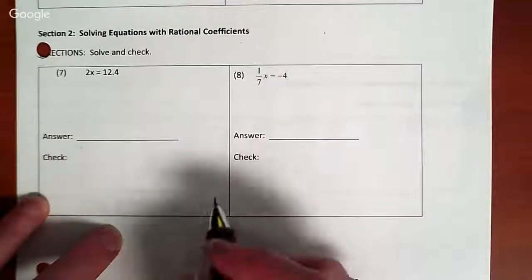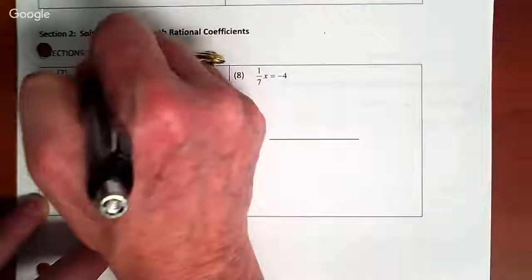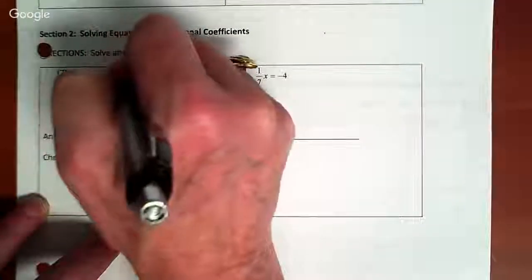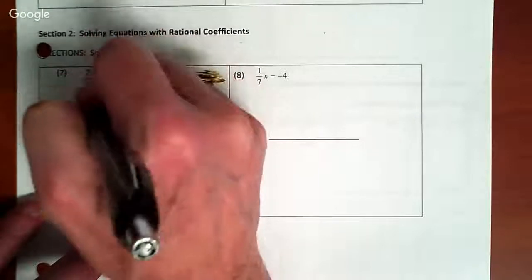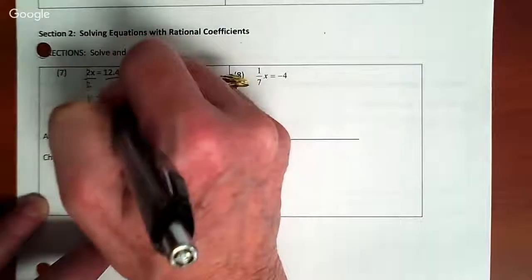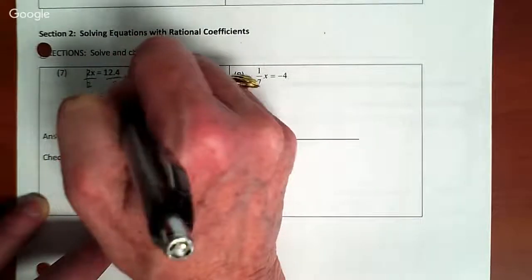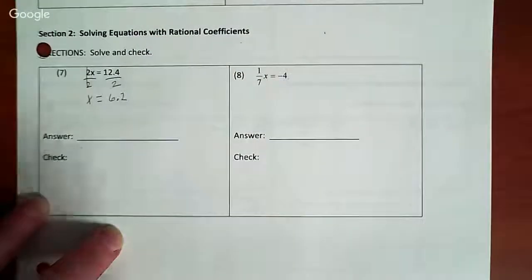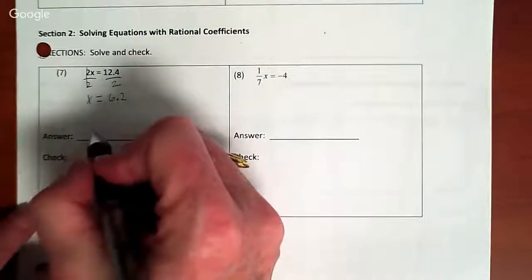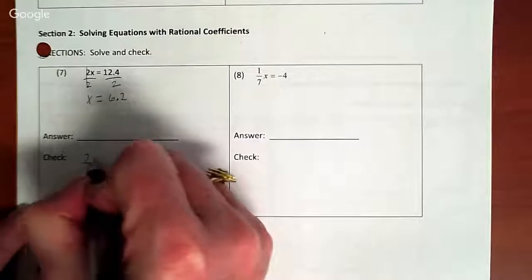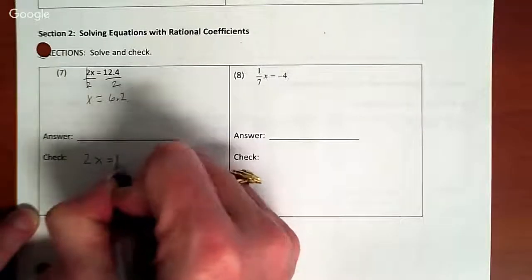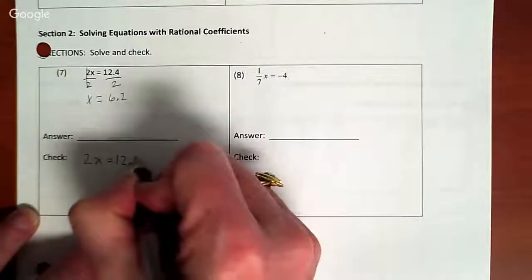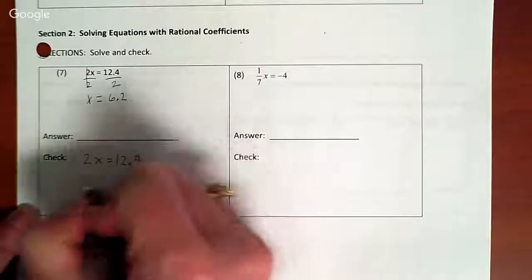2x equals 12.4, so we are going to divide both sides by 2. We have x equals 6.2. Excuse me. So now we have 2x equals 12.4.